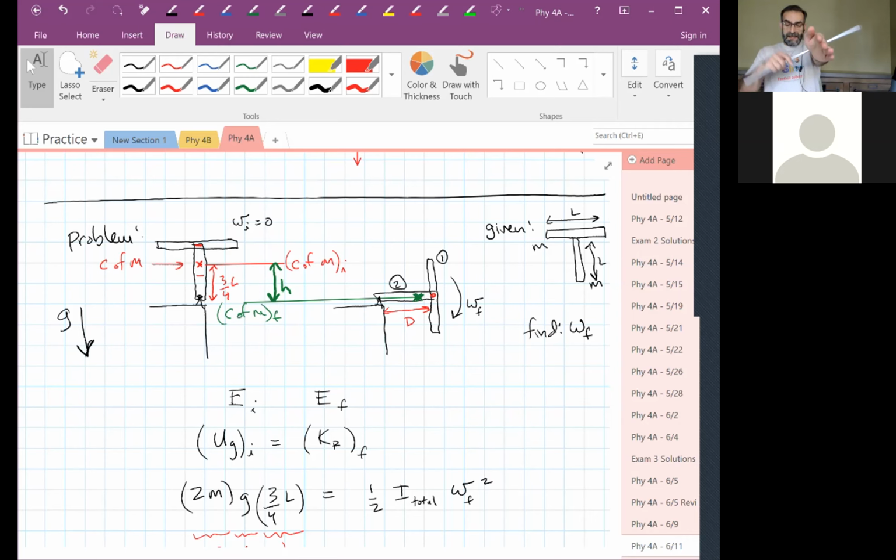That gives us 1/12 ml squared. And then the distance between the center of mass and the axis of interest is what I labeled D here.